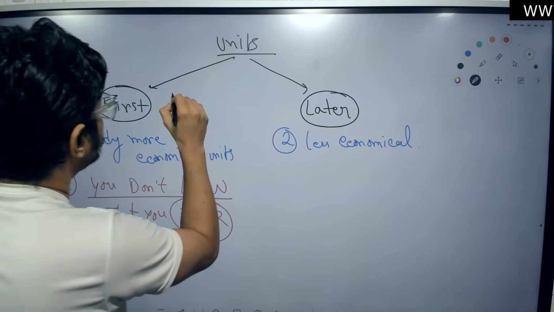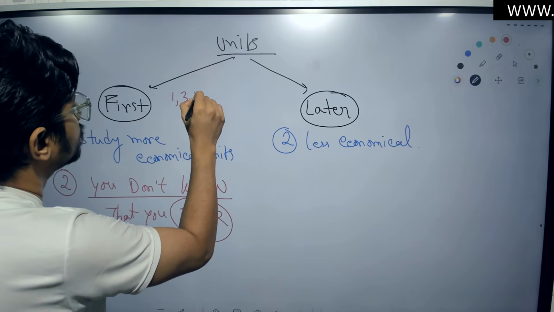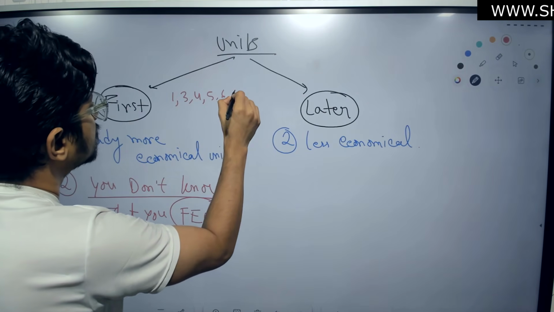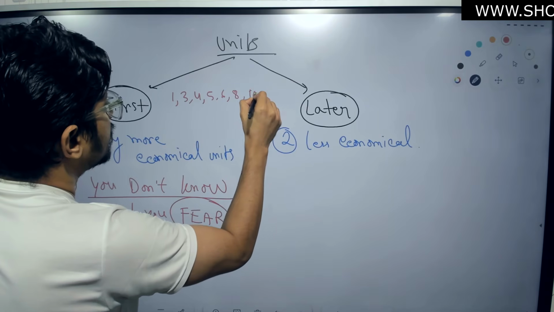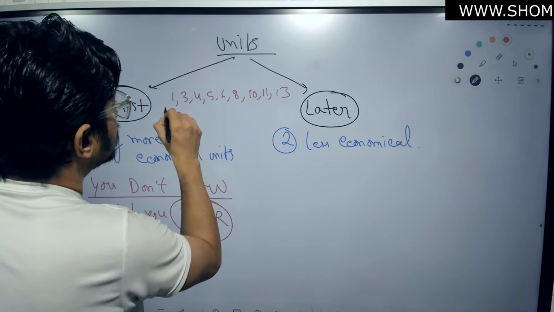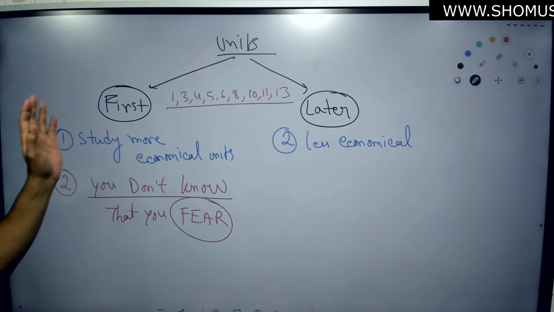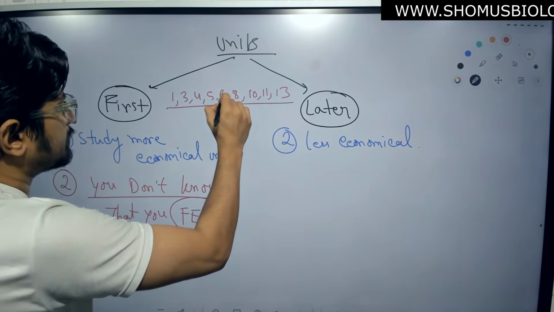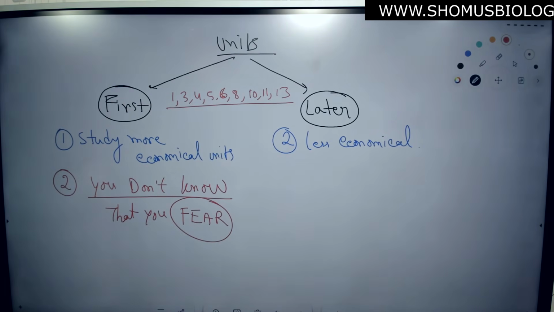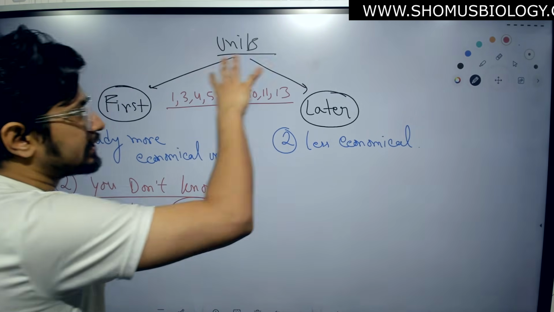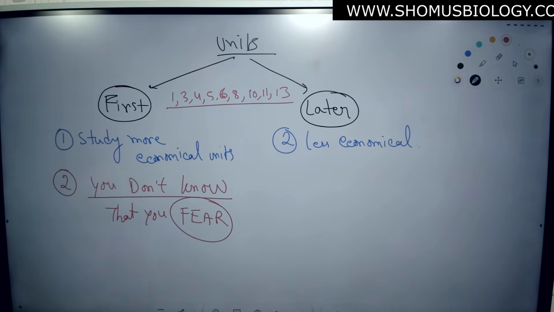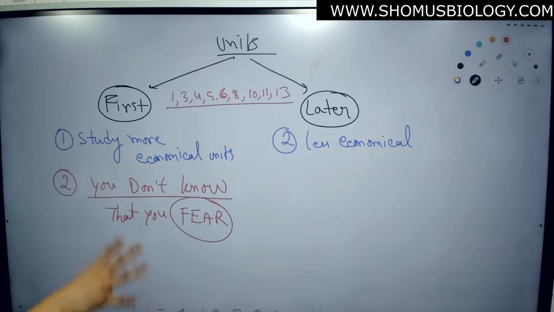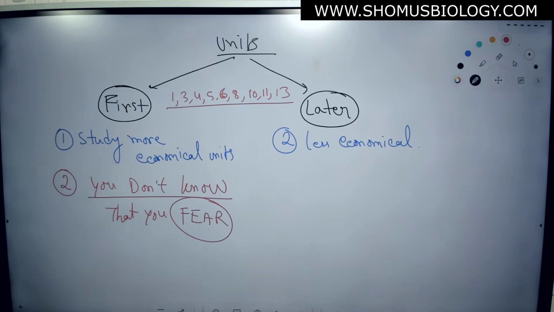So I'll give you the list of important units: 1, 3, 4, 5, 6, 8, 10, 11, 13, like this. These are all very important units. Actually all the units are equally important, but this is my personal preference. So from all these important units, prepare the units that you fear and prepare them first.